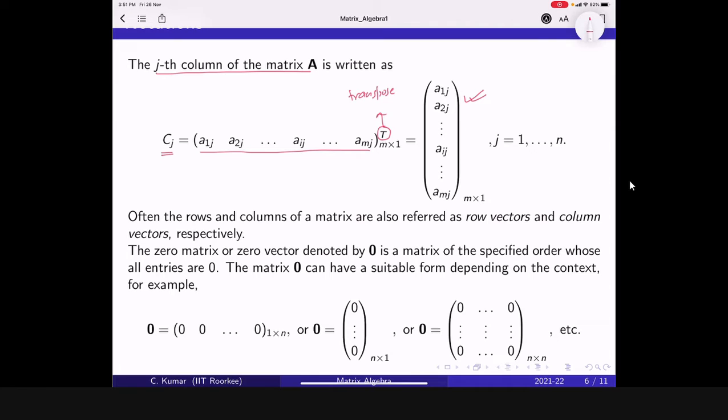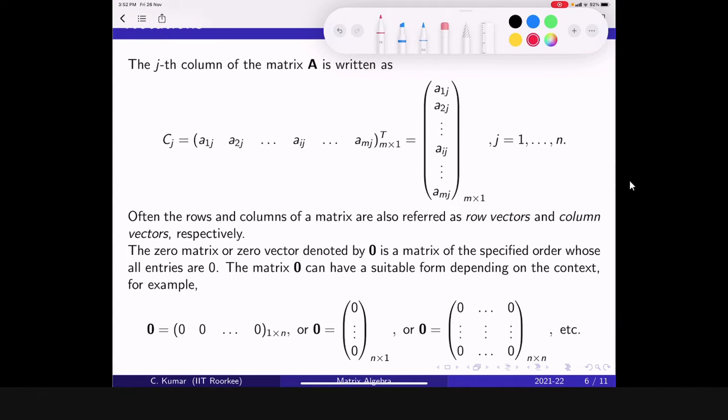Okay, so throughout this course, throughout this section, Ri will denote the ith row of the matrix, and Cj will denote the jth column of the matrix. And the matrix itself is denoted by this bold letter. It will be either A, B, or C. Whenever you see the bold letter, that means you have a matrix there. Okay, so this is the notation for the matrix, its columns and its rows.